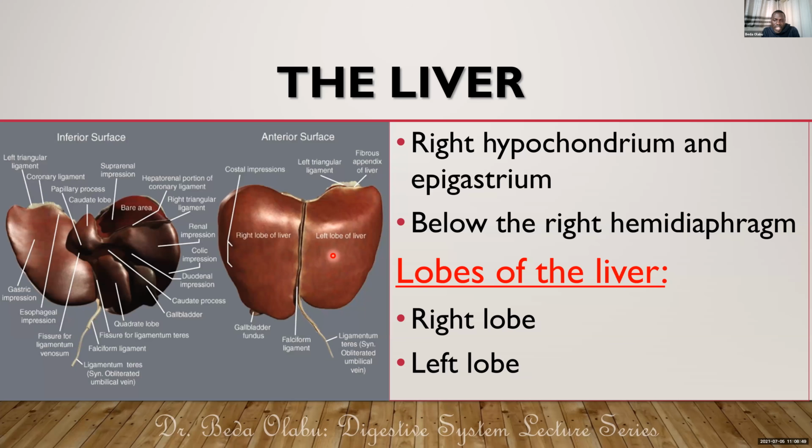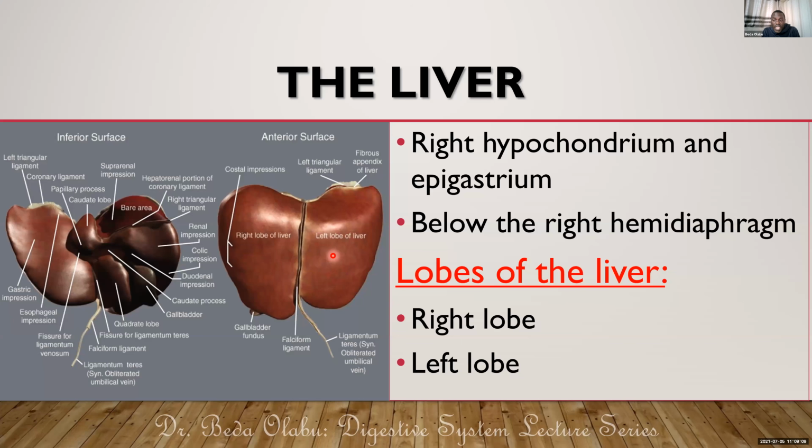A total of 9 liver segments. So that after that, we'll be knowing when we say segment 1 of the liver, what do we mean? Segment 4B of the liver, what does it mean? Segment 8 of the liver, what does it mean?